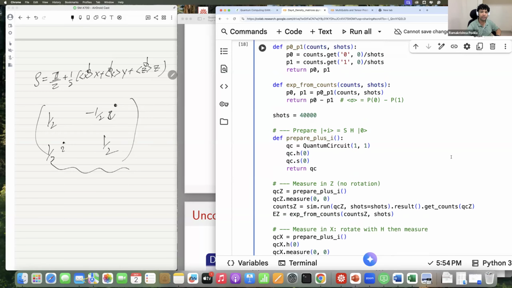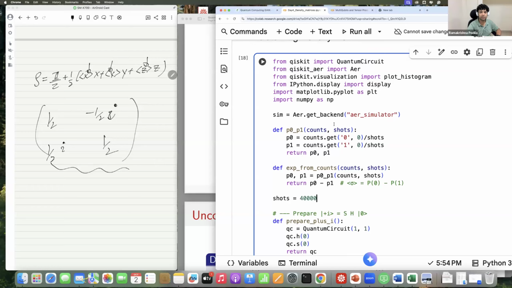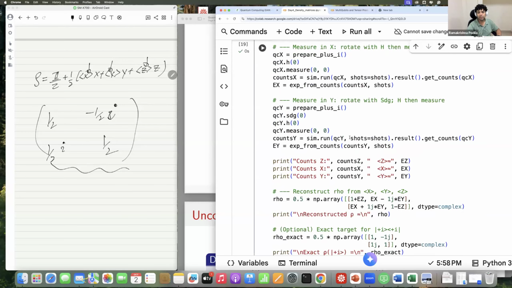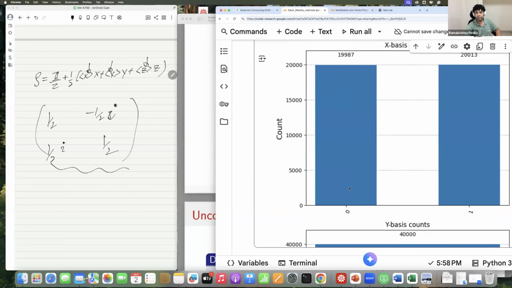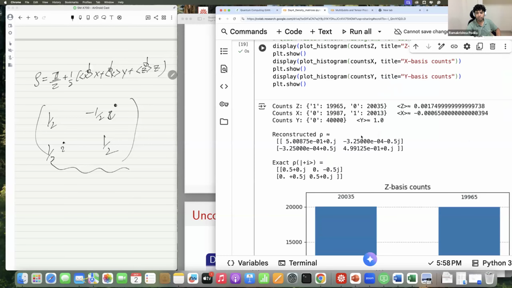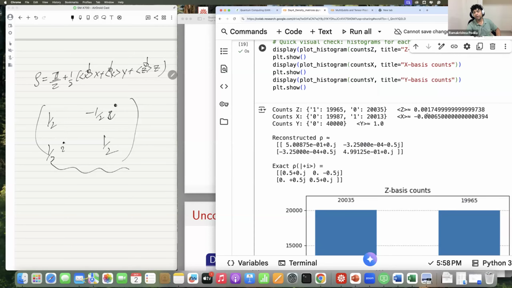It is just because of the way the computer works, right? So I hope it went to 0. Right, it decreased. Now it's like 0.0006. So it's just an artifact. You see this is e to the power -4, so it's almost equal to 0. So I would just ignore that.